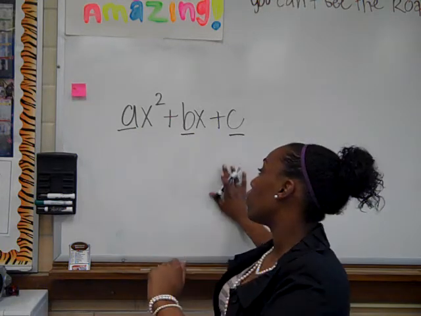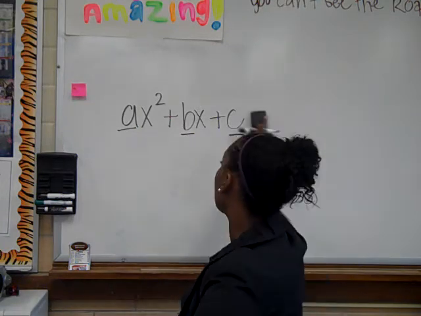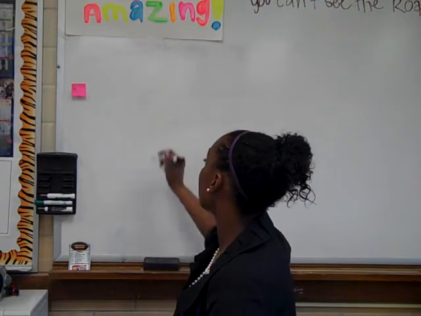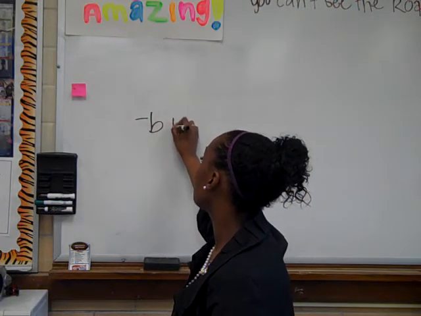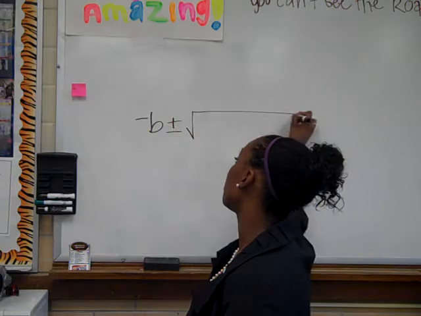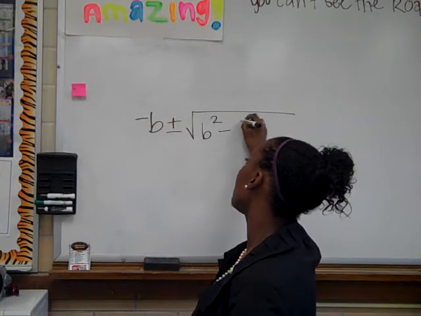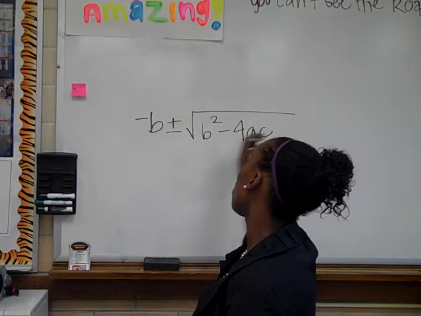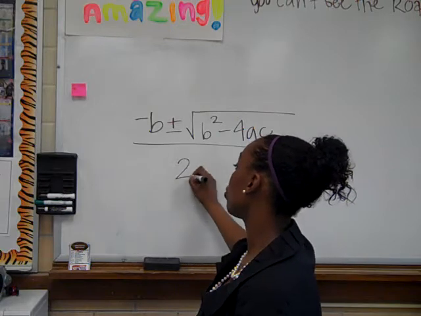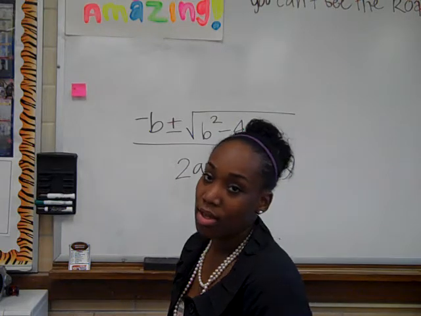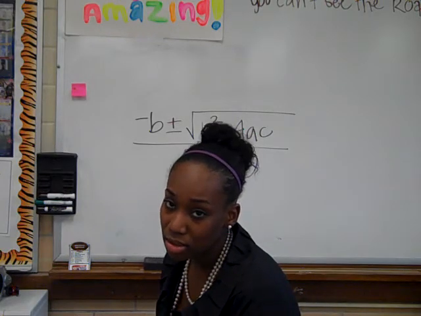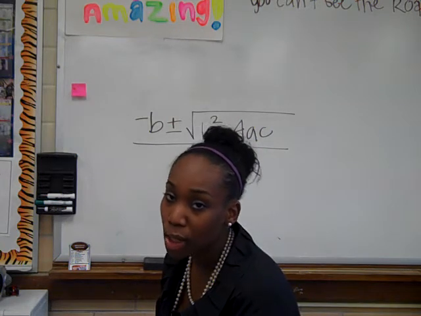So, the quadratic formula is negative b plus or minus the square root of b squared minus 4ac, all divided by 2a. Now a lot of y'all are like, what? Quadratic formula? What do you mean?